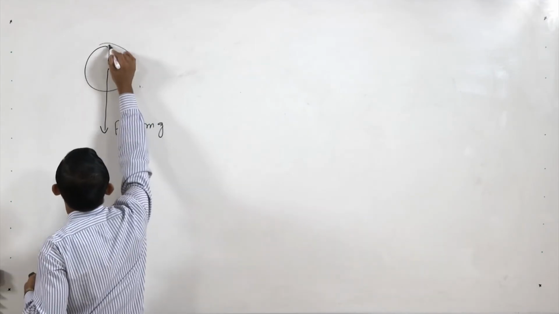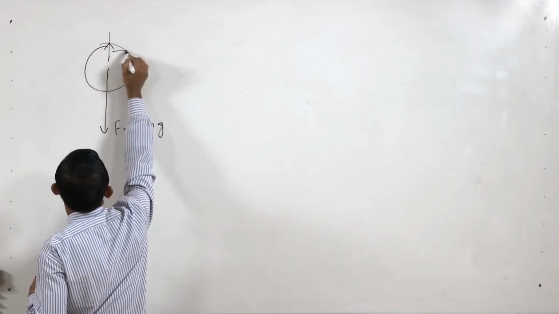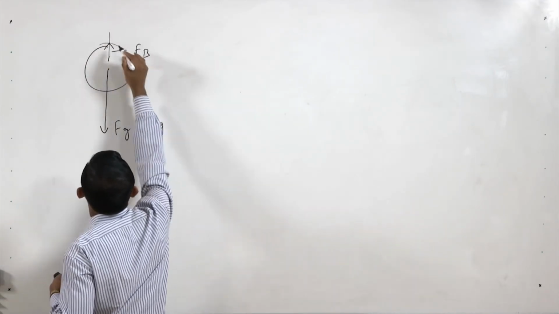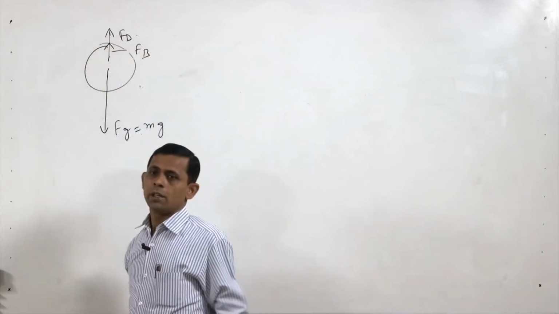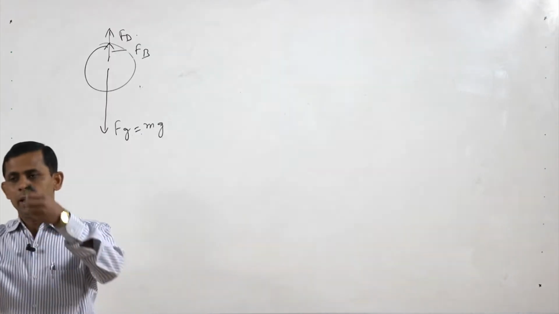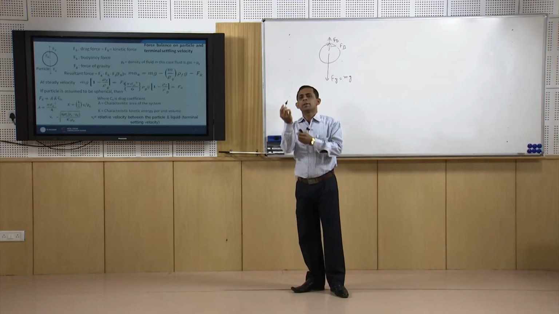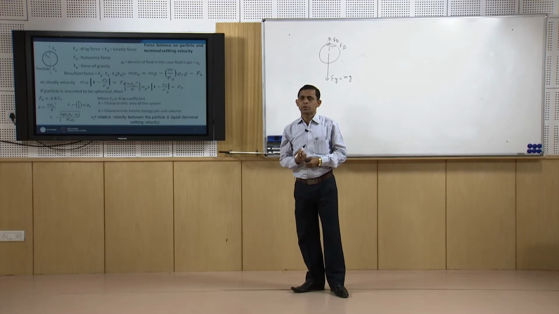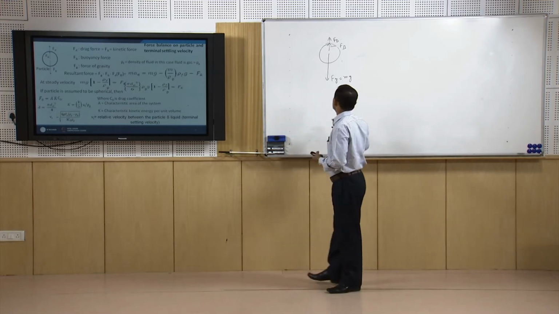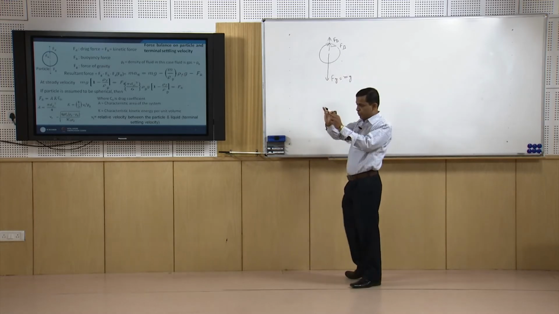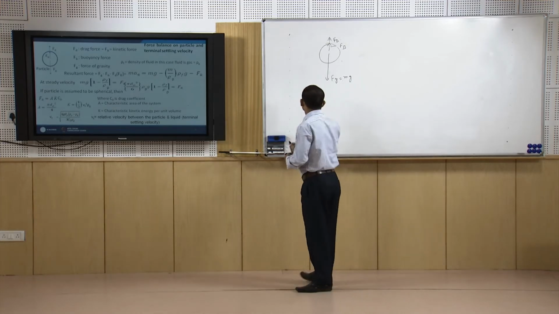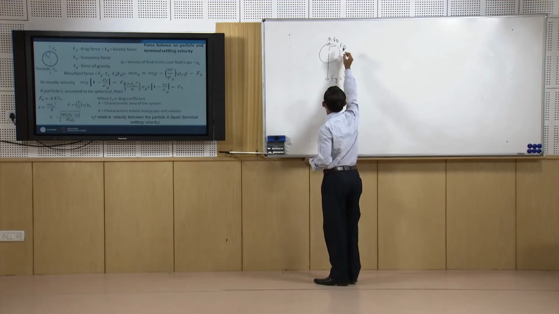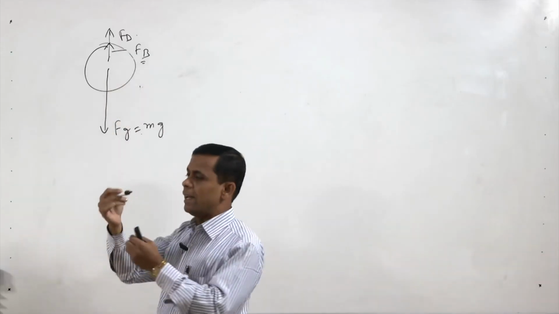It will also experience a buoyancy force, Fb, and a drag force, Fd. Since the particle is falling downward, it experiences the drag force due to friction, and due to the displacement of volume the fluid gives some upward force, that is Fb. So now, what is the balance of the forces?